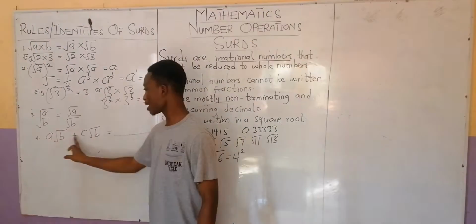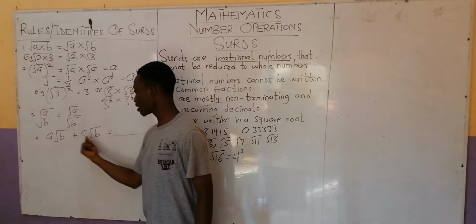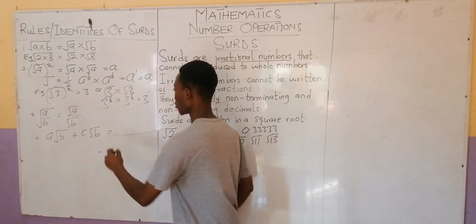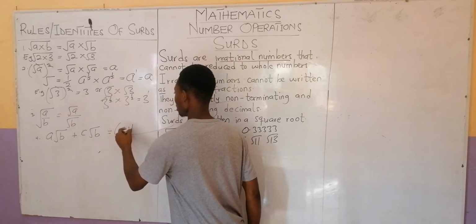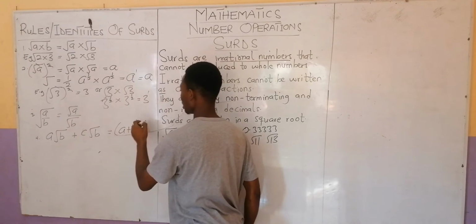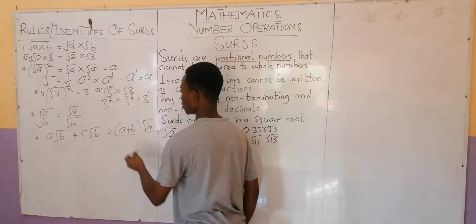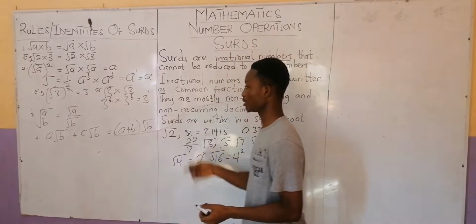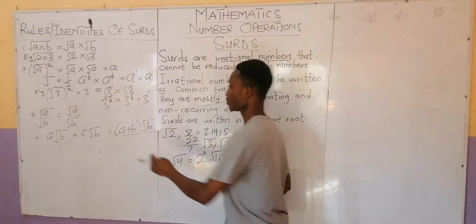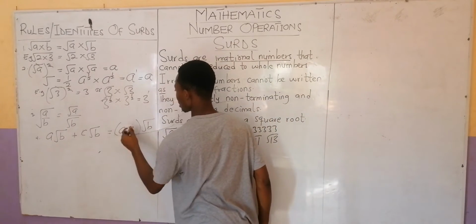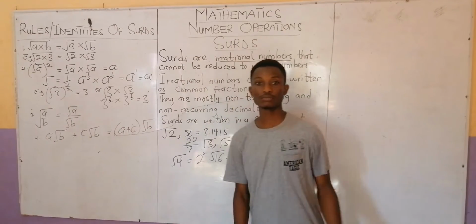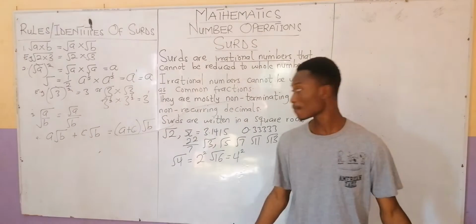You pick what is outside and add it, then pick the similar root. So I'm going to have bracket A plus C, and since the roots are the same, I pick one root B. So I'll get A plus C root B.